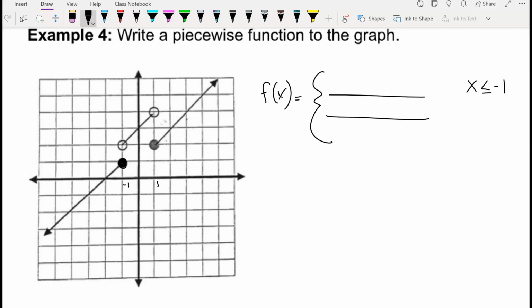And then from -1 to 1, you write it as -1 less than x less than 1. So that's in between. And then x is greater than or equal to 1, because it has that closed circle here.